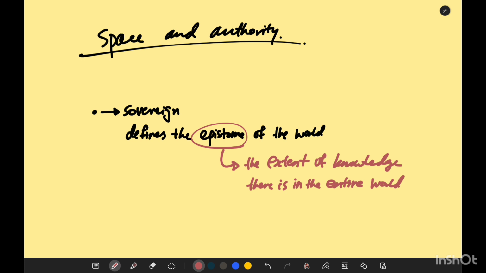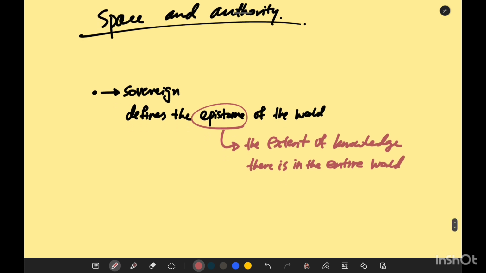So in short, space is both the boundaries in which knowledge is contained and where the people are contained. And therefore, we can establish that the sovereign not only defines and controls the individuals, but also the space they occupy. And it means that they're also in charge of what they think, as well as what they do.